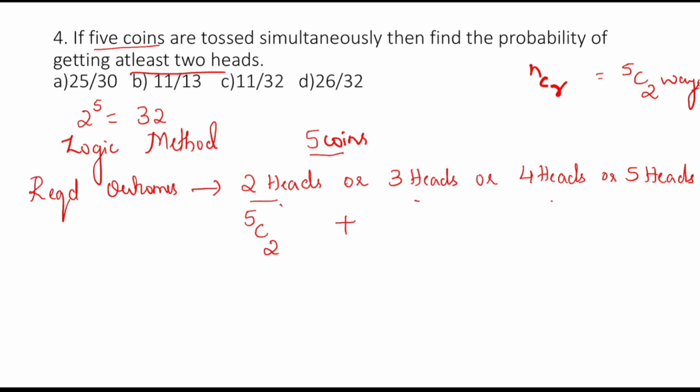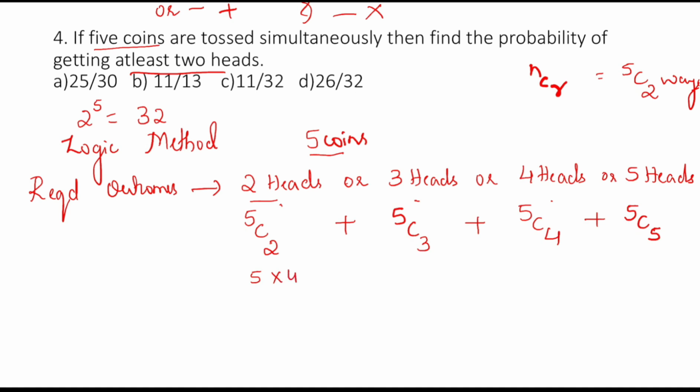We have seen in permutation and combination, OR means plus, AND means into. Now 3 heads: 3 heads out of 5 we can get in 5C3 ways, plus 4 heads out of 5 we can get in 5C4 ways, plus 5 heads out of 5 coins we can get in 5C5 ways. Okay, now solve this.